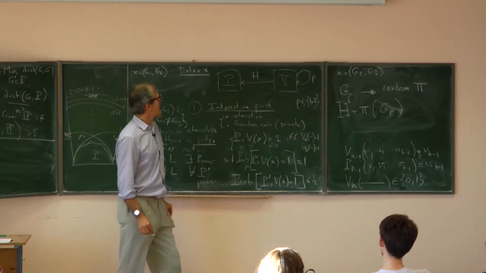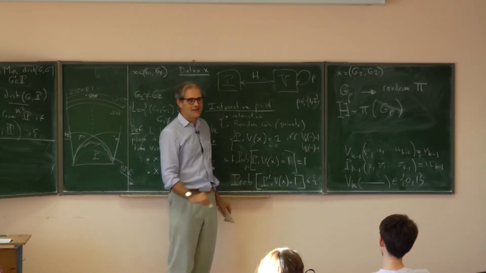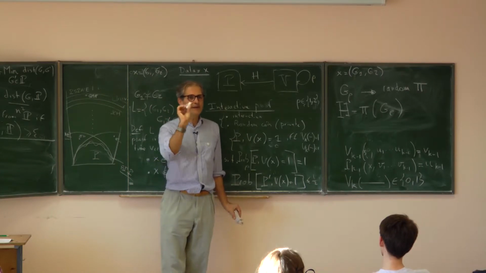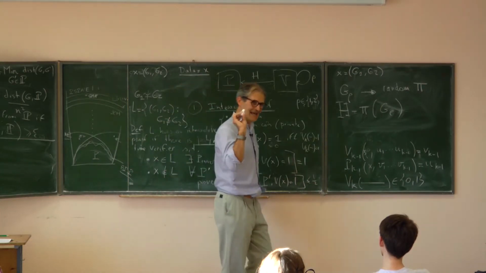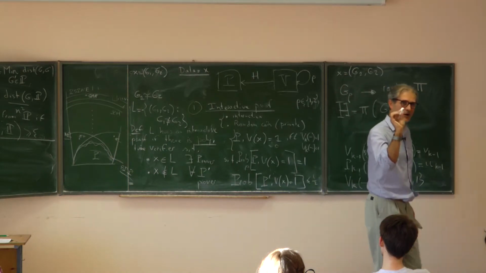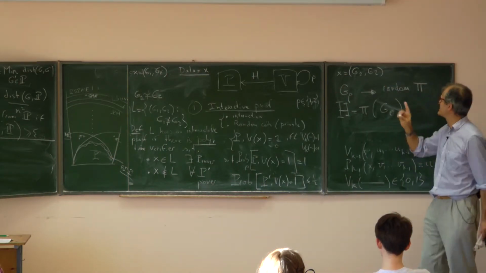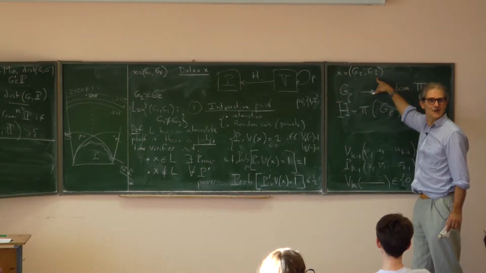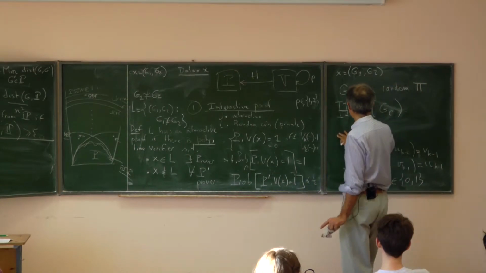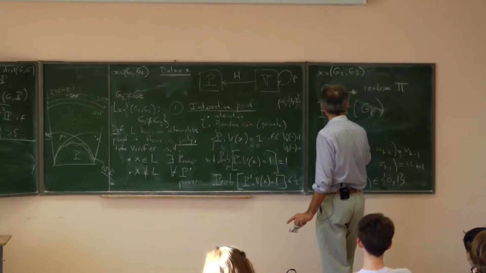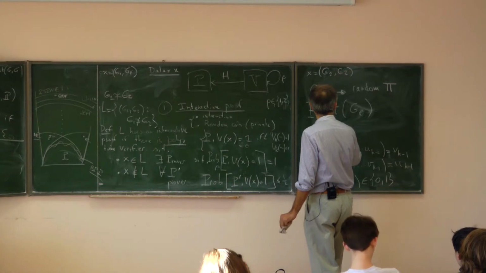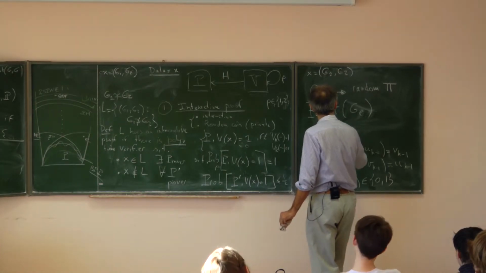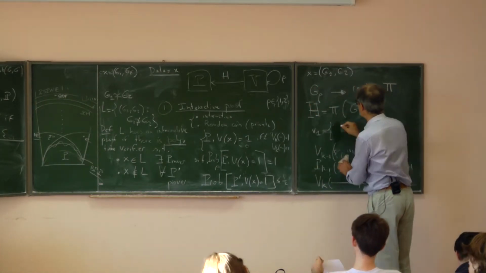I ask the prover to send me one bit: is H an isomorphic copy of G1 or of G2? So he sends me V1, which is 1 or 2.